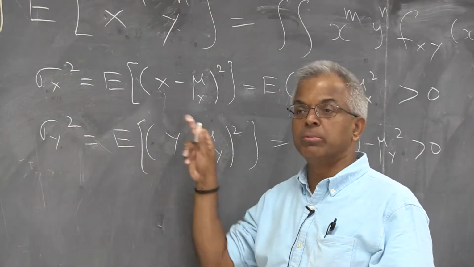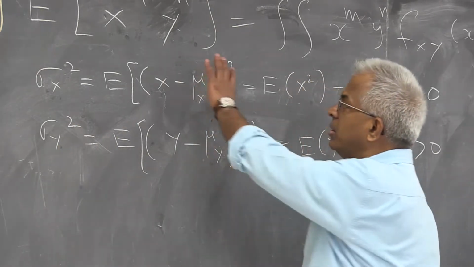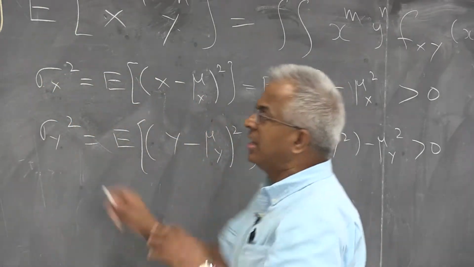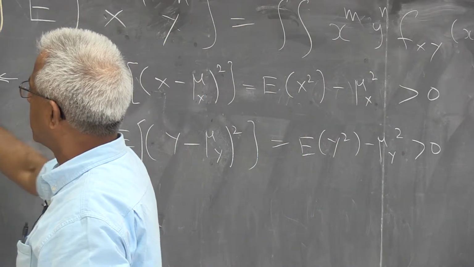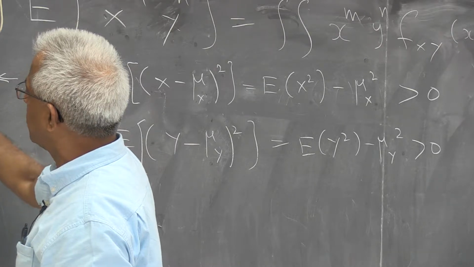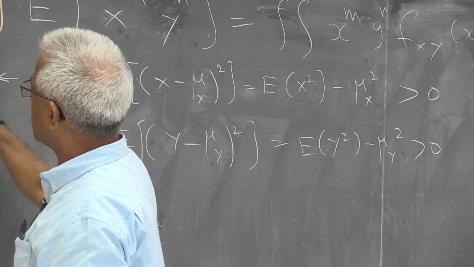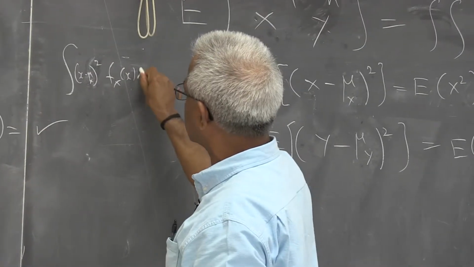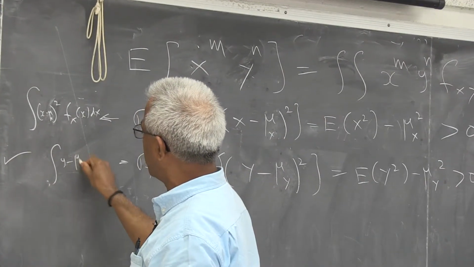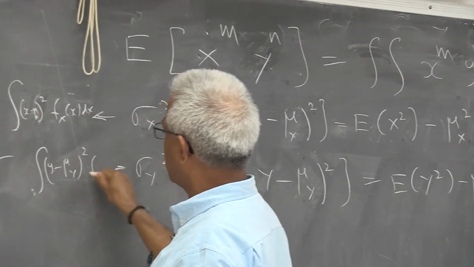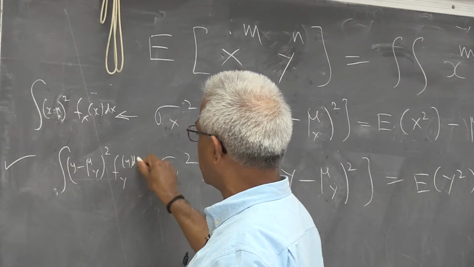But what are the problems with these parameters? The mu x and sigma x only deals with, you only need the density function of x to find out, right? Because this is x minus mu x, the whole squared fxx dx, right? Similarly, this is y minus mu y, the whole squared fyy dy.